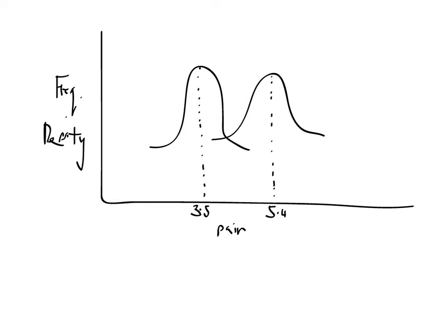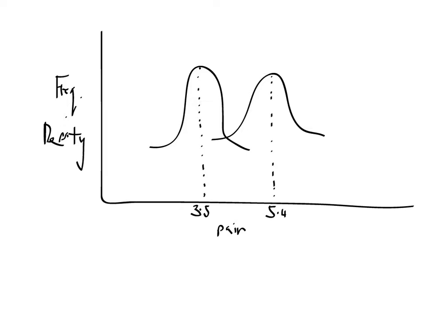Now, from our knowledge of the standard error of the mean of these two samples, we can make an estimate of how likely these means are to represent the population mean.